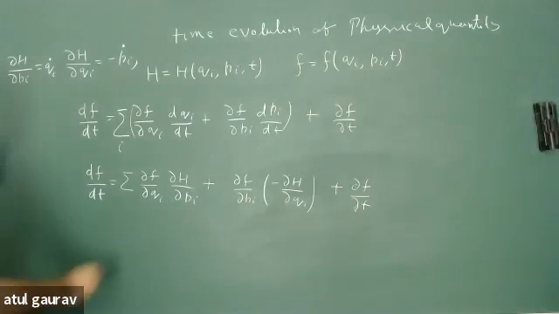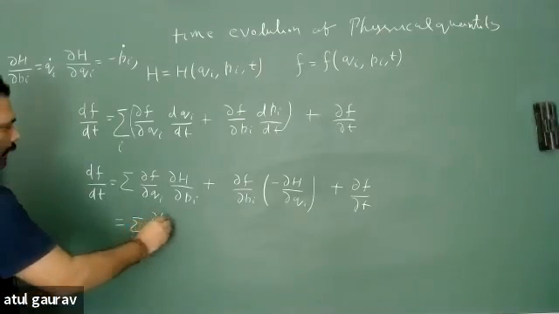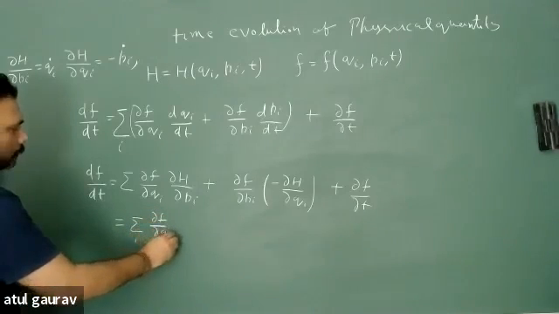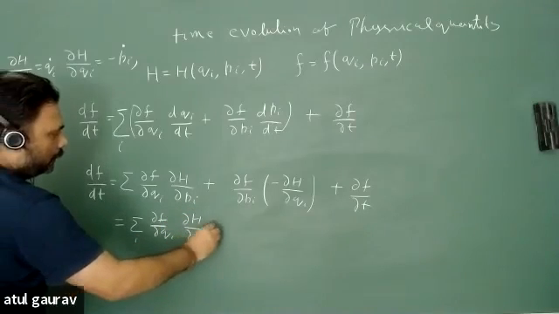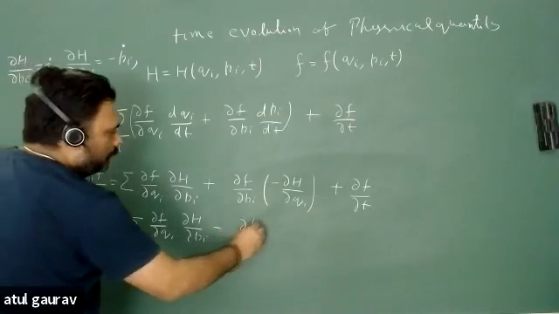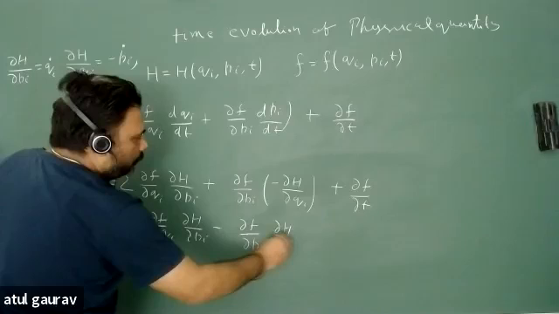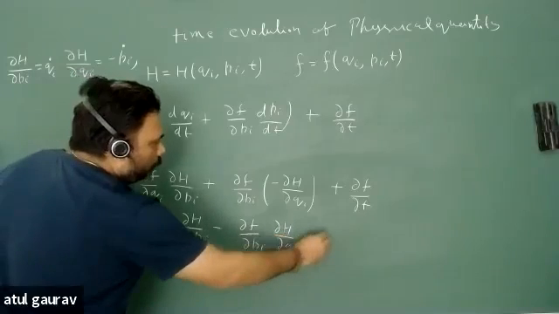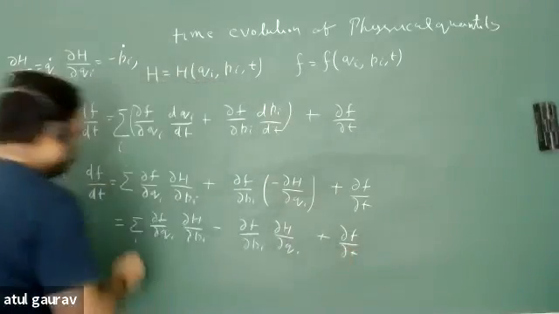We have a wonderful equation: del f upon del qi del H upon del pi minus del f upon del pi del H upon del qi, plus del f upon del t.